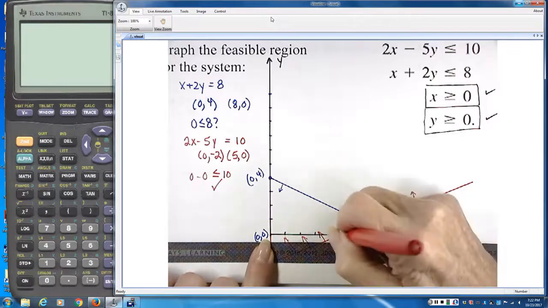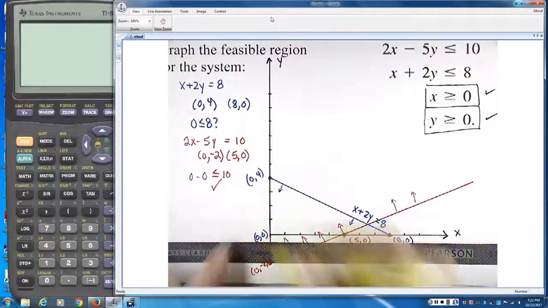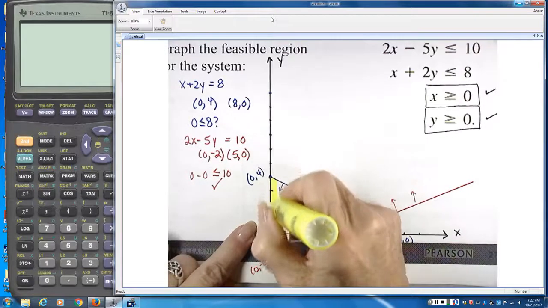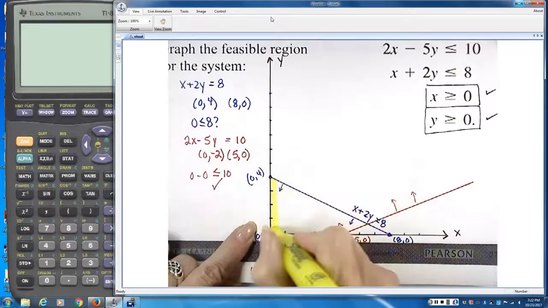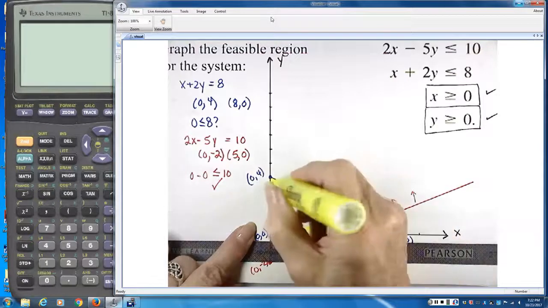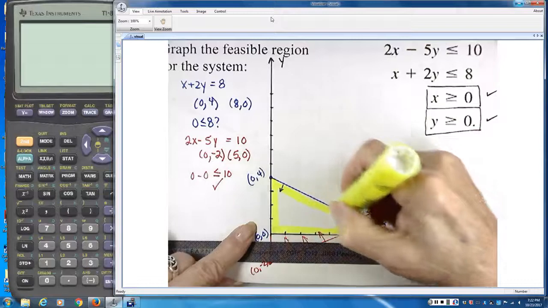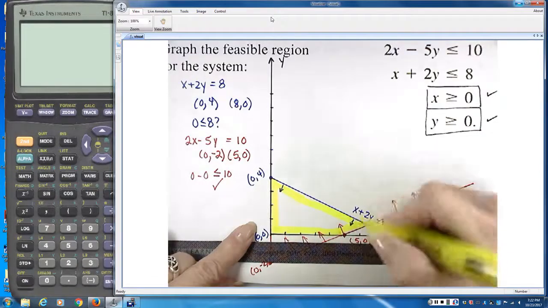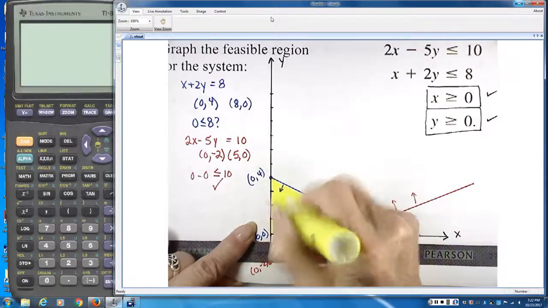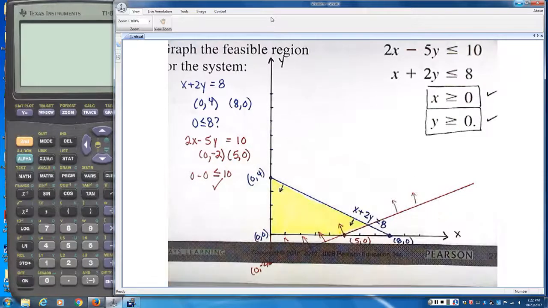So if I shade above the line, then the part that's my feasible region, staying inside the first quadrant, is this part right here. So that's my feasible region.